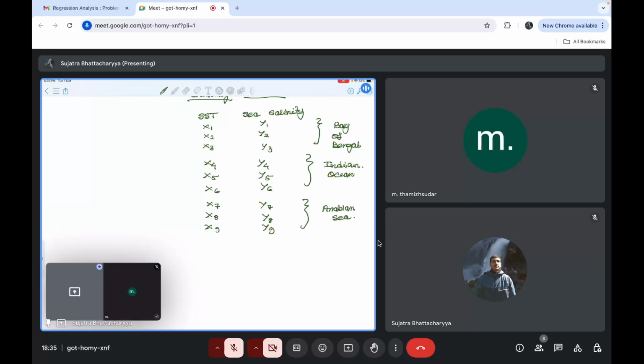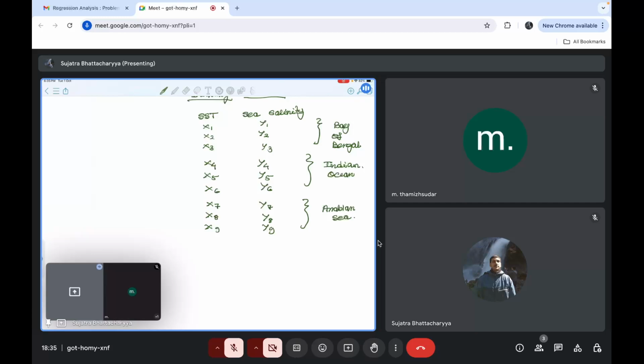But now, if you are not an oceanographer, you are just taking the observations and you want to fit a linear relationship between sea surface temperature and sea salinity. Suppose it might not be a linear relationship, some other relationship, but let us consider for the time being that you are trying to fit a linear relationship.